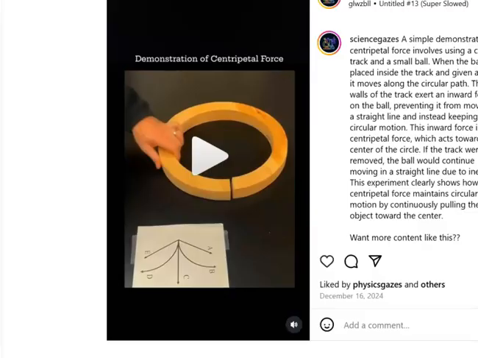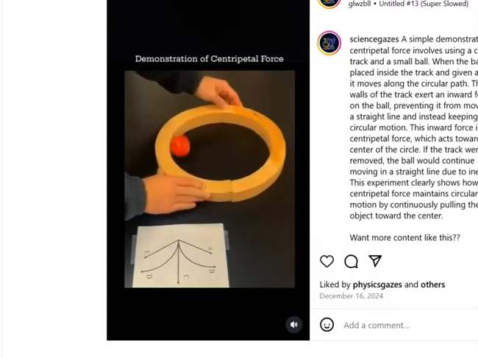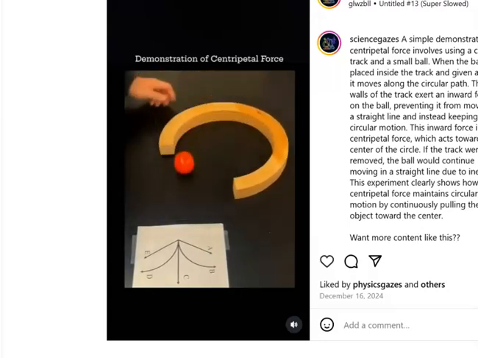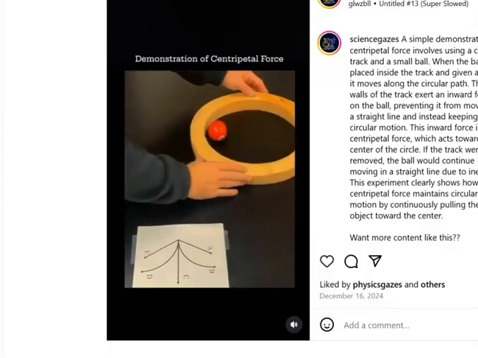So just going through a couple of examples here, we're going to look at centripetal force in a couple of different ways, both in the horizontal motion, which is what you saw there with the motorcyclist, and here's another example where you're going to see a sphere being rotated around this wooden circle, and the wooden circle is keeping the ball in its circular motion.